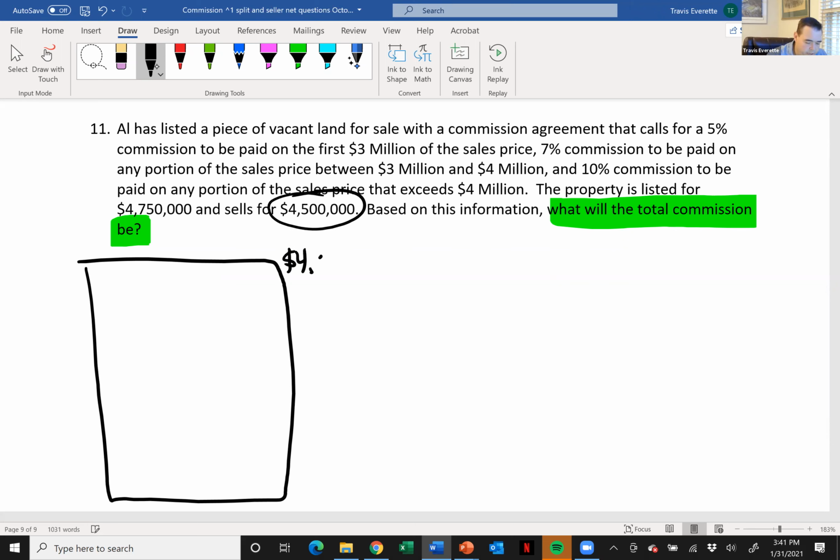So that's all the way at the top, $4,500,000. And now I'm going to start filling in my blocks along the way. It says Al has listed a piece of vacant land for sale with a commission agreement that calls for a 5% commission to be paid on the first $3 million of the sales price. Okay. So here's 3 million.